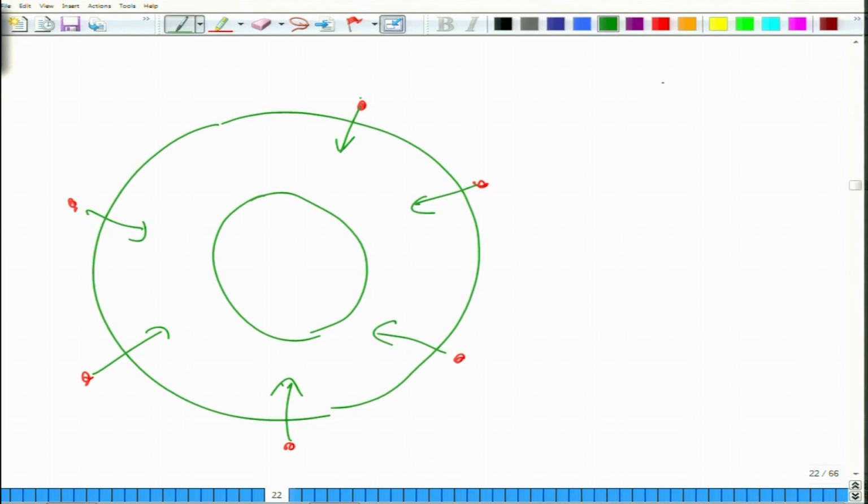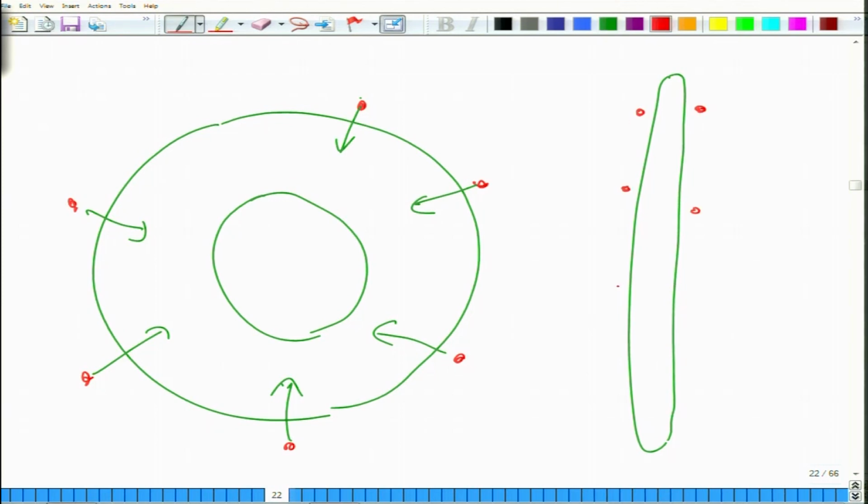Whereas, if you have a reserve that is linear in shape, and suppose you have the villages here like this, in this case the influence of these villages would be much higher as compared to when it was a circular reserve. Or to put it in other words, suppose from any village the cattle are able to go say 10 kilometers inside.